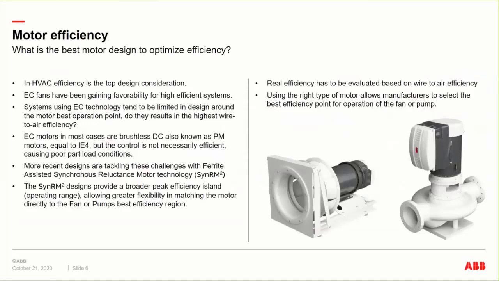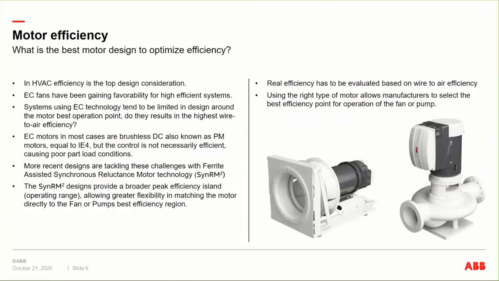We just covered why, and also the pressures from various regulatory agencies that are looking at putting in new standards for total system efficiency. EC fans is a technology that's been out for some time, that's been gaining favorability because it's high efficiency.